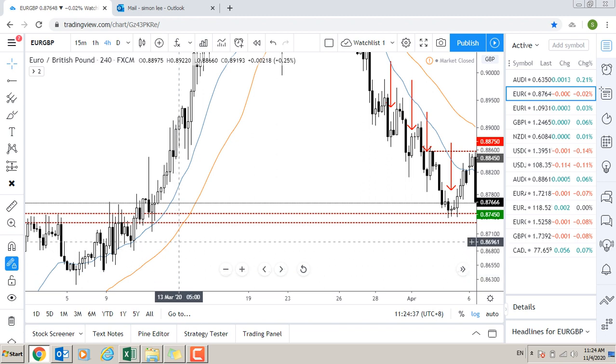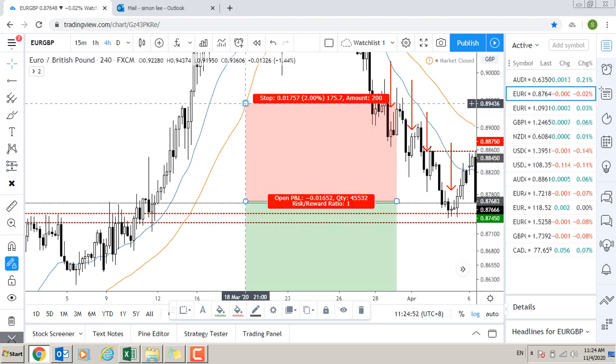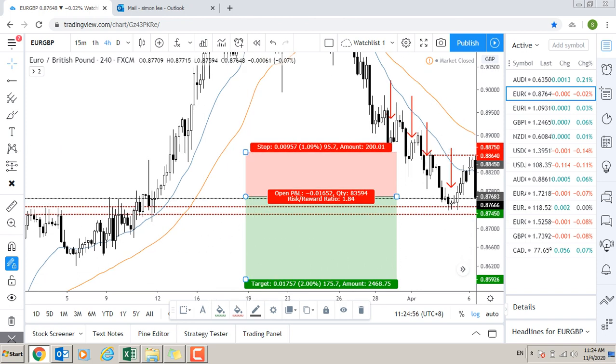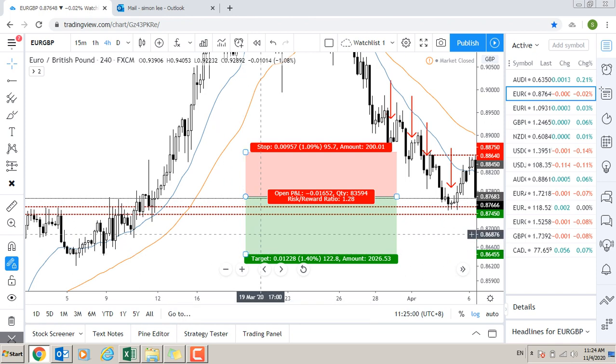Because if you check, the risk and reward ratio might be, let me check, less than 2. Anything less than 2 to me is not so attractive, unless I have very high confidence. You see, only 1 to 1.28. So to me it's not attractive.